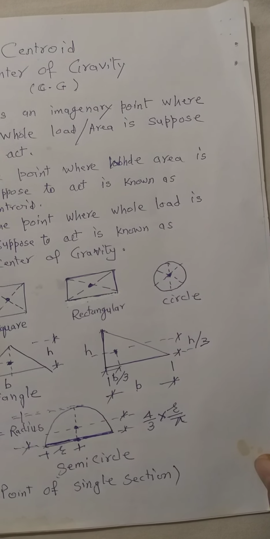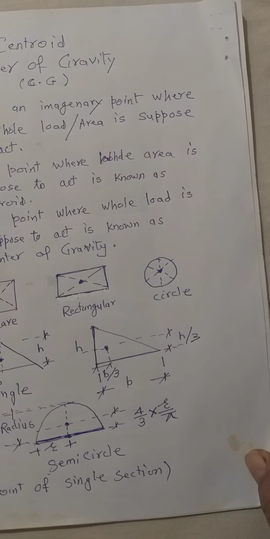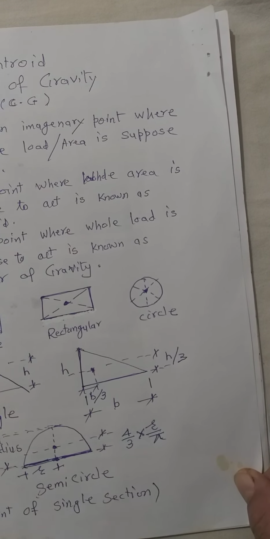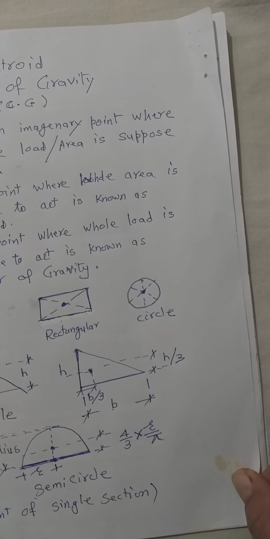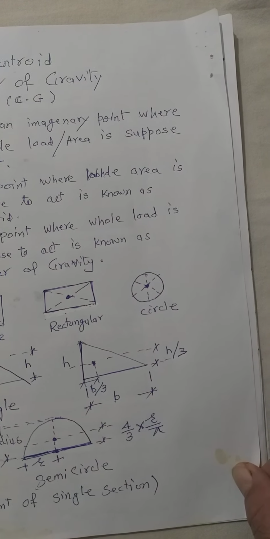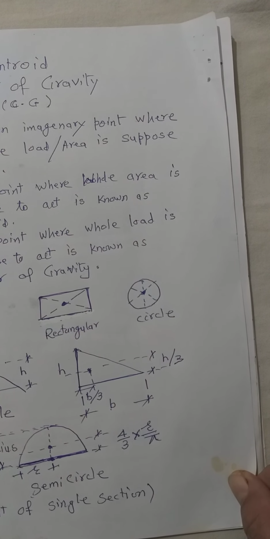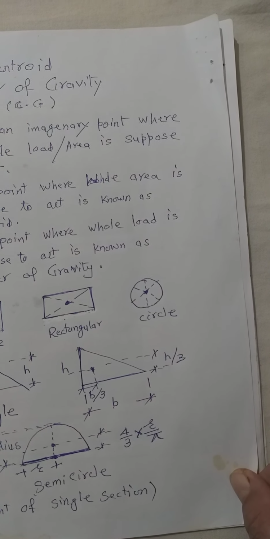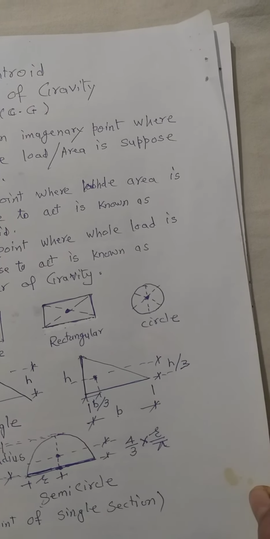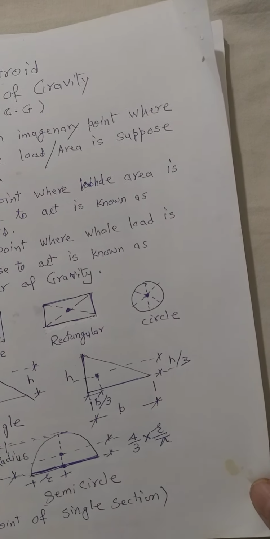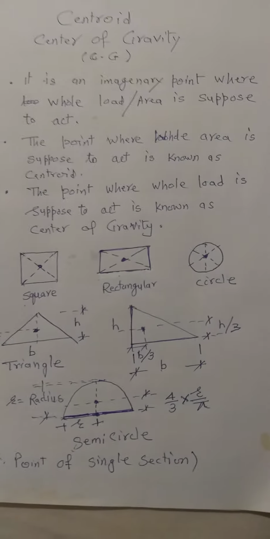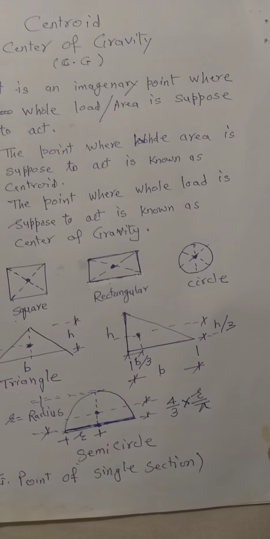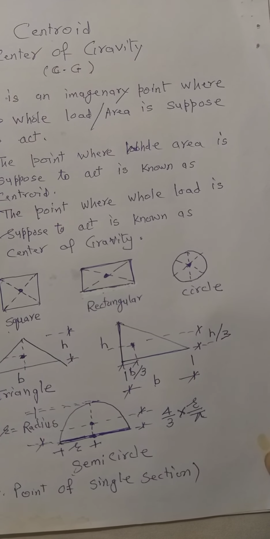But instead of this, if it is a right angle triangle, then the center of gravity lies at a distance of one third of the base and one third of the height. That is b by 3 and h by 3 from the base as well as from the perpendicular. Now, the last one that we are discussing is the semicircular arc.